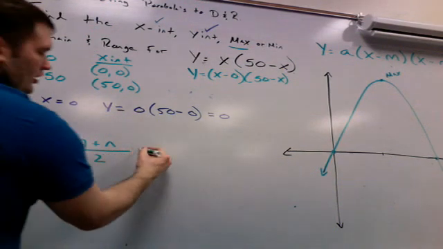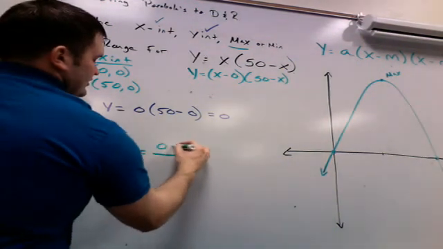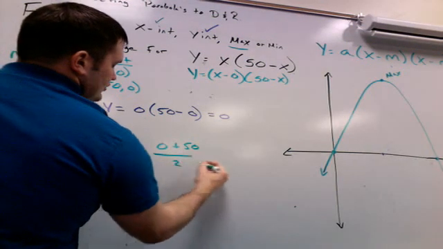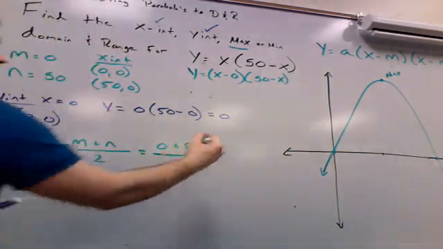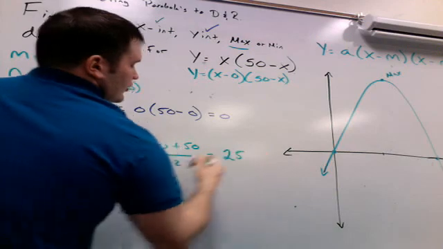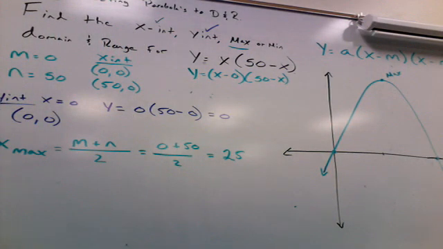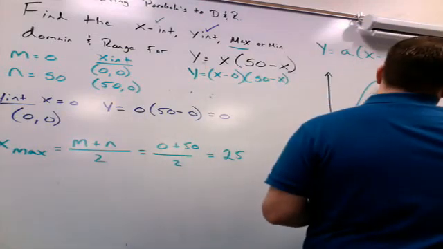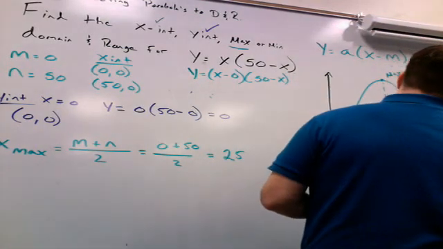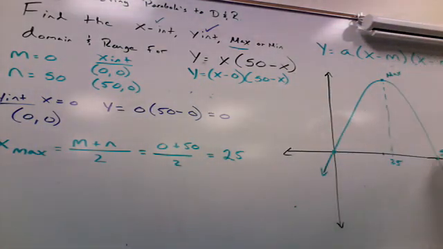So the x coordinate of my max is going to be at 0 plus 50 over 2, which is 25. So my x max is going to occur at 25. That spot right there is 25 on the x-axis. This spot was 50. That spot was 0.